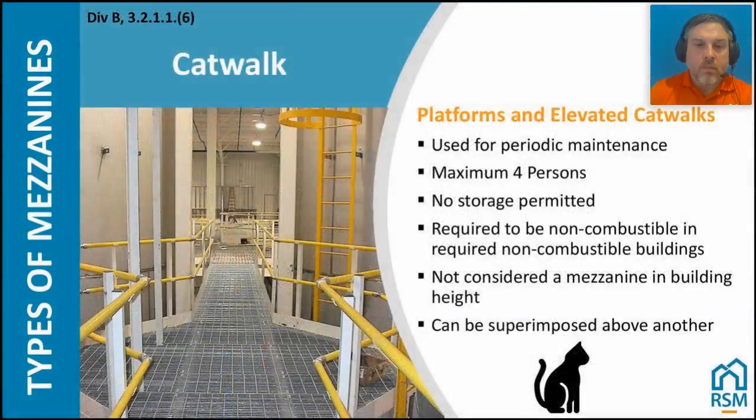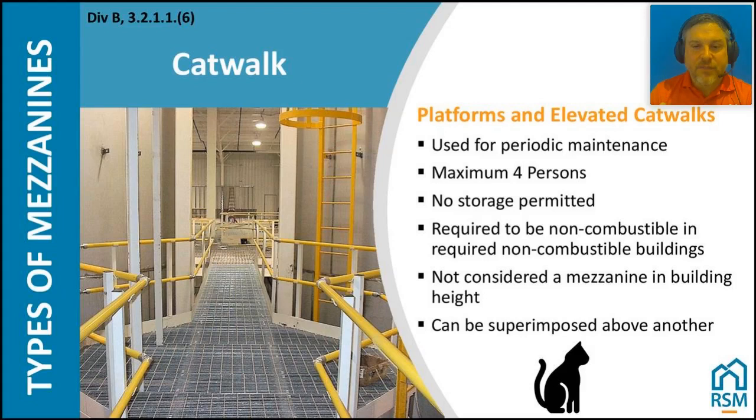There's another question here. When you're going back and talking about the catwalks, the question is, can the structure supporting that non-combustible catwalk be combustible? I would think that generally the code requires anything that's non-combustible to be supported by non-combustible elements.